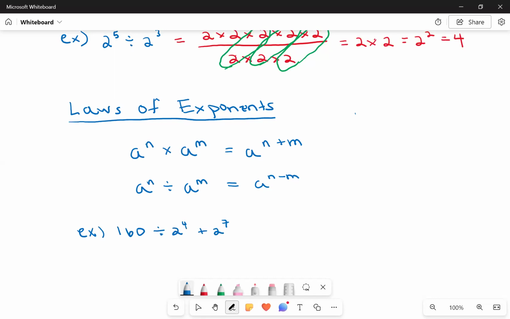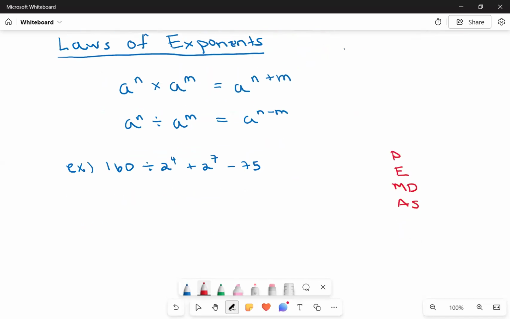Sorry, that's kind of a sad looking 4. So those are exponents. 2 to the 4th, 2 to the 7th. We're doing order of operations. So remember, order of operations, PEMDAS, parentheses first, then exponents, followed by multiply, divide, which are equal, and addition and subtraction, which are also equal.